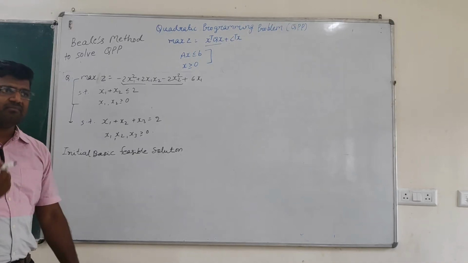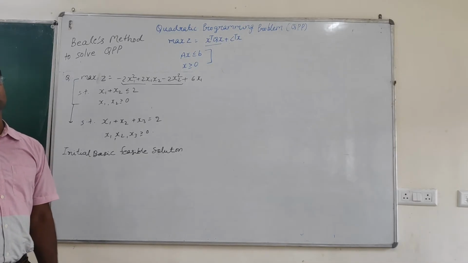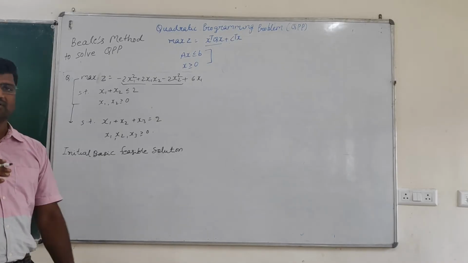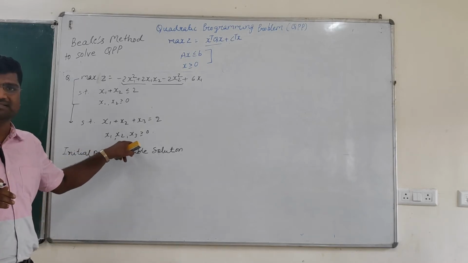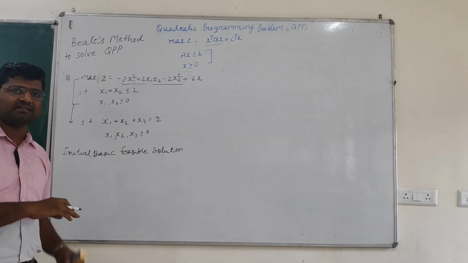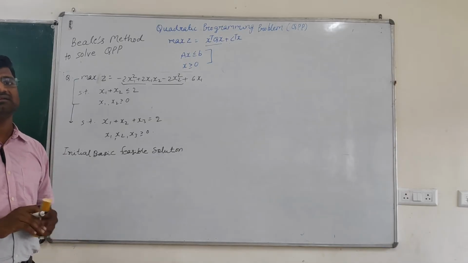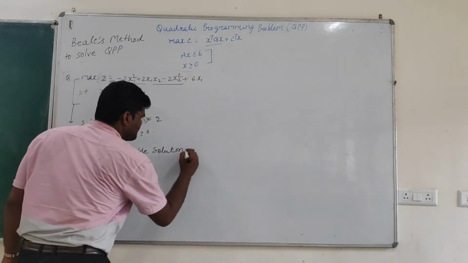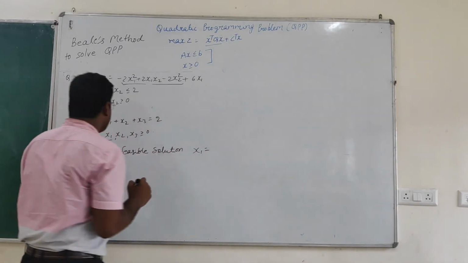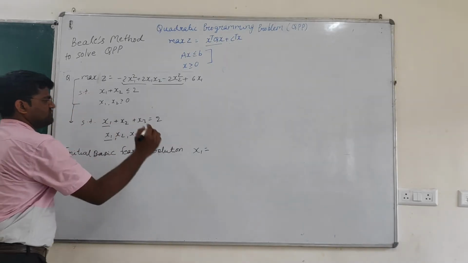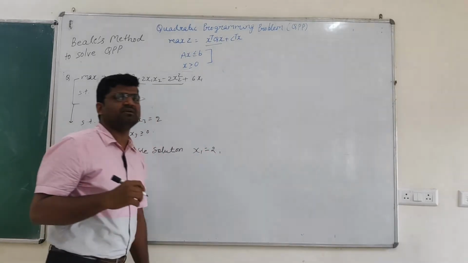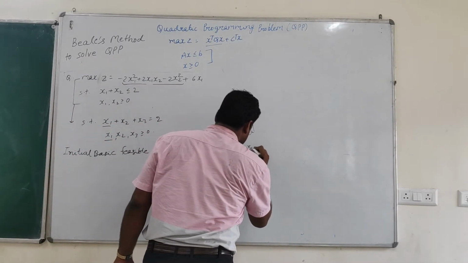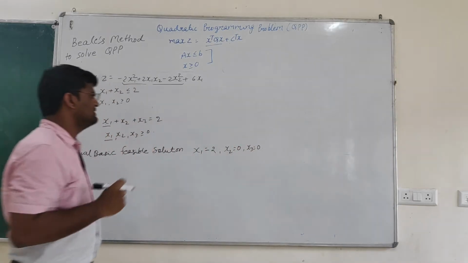We can take any variable as a basic variable, but we prefer to make it a decision variable, because x1 and x2 are decision variables and x3 is a slack variable. In this method, we try to make the basic variable a decision variable. So the basic variable is x1. We give the full value to the basic variable, that is 2, and the non-basic variables are always 0. So x2 is 0 and x3 is 0.